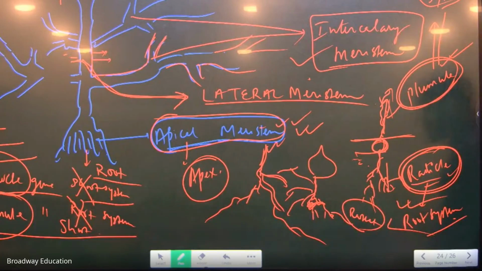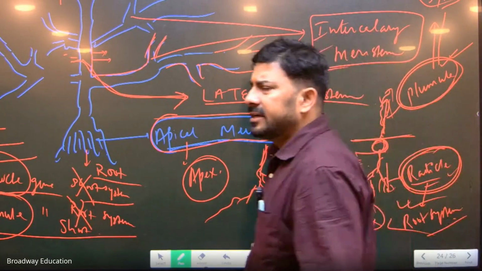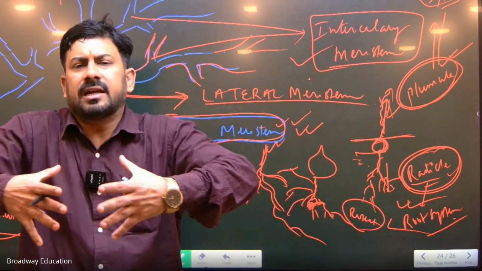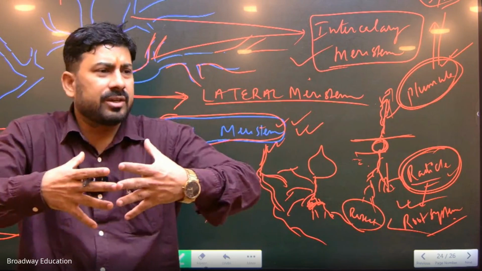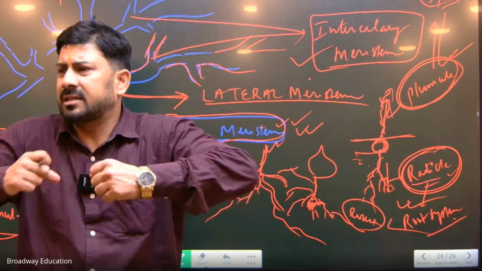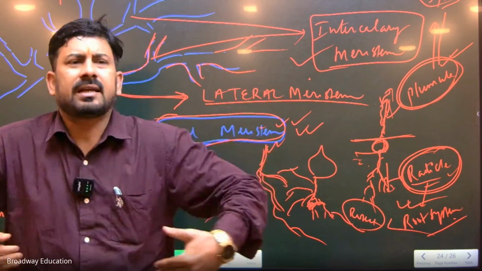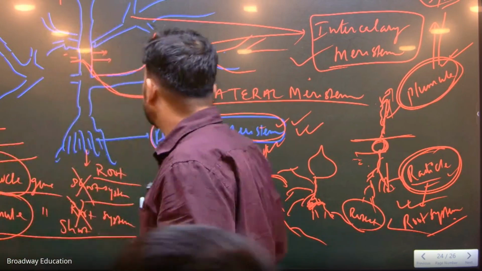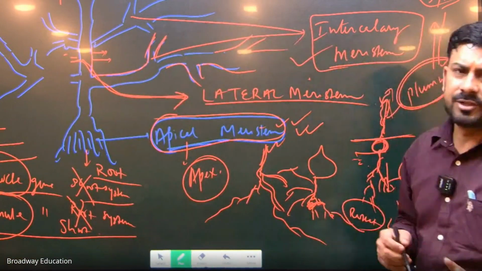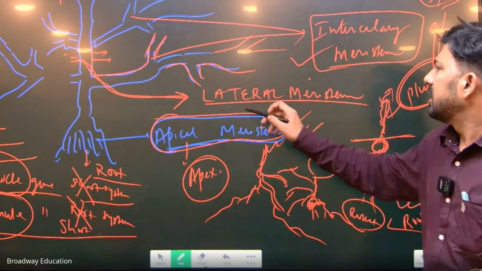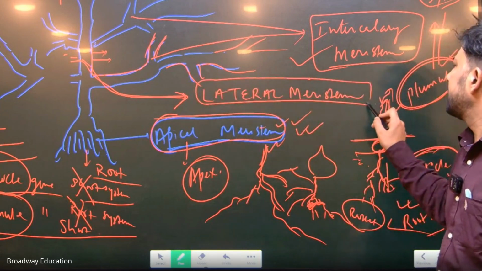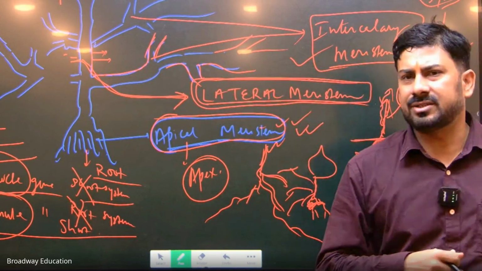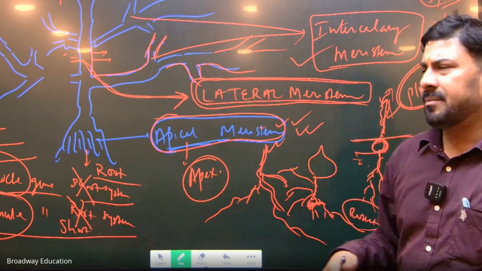This part is clear. Second part is, in due course of time, the plant also has to increase its girth. Clear? Means the thickness of the plant has to increase. Laterally, it has to increase in size. So those type of tissues which are responsible for the increase in the girth of the plant are called lateral meristems.